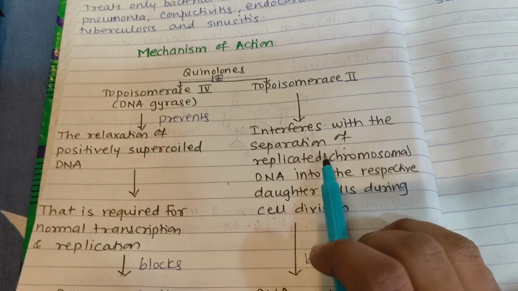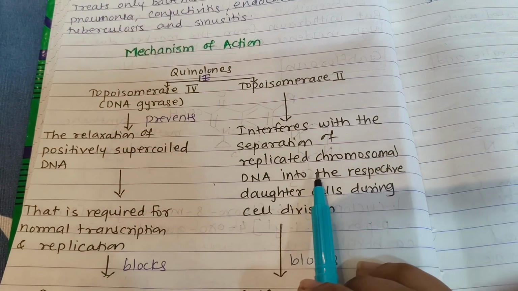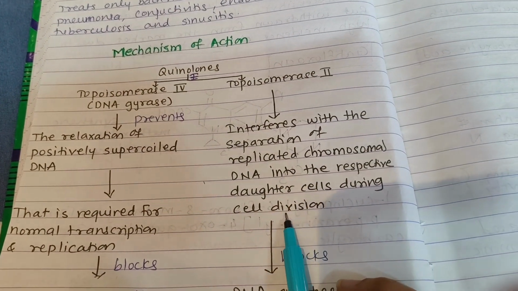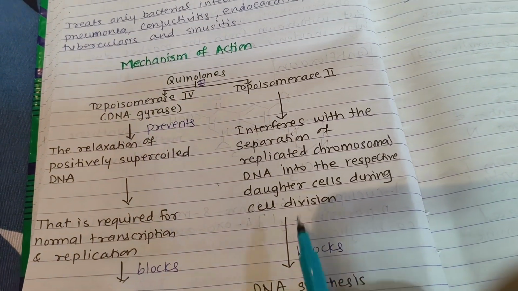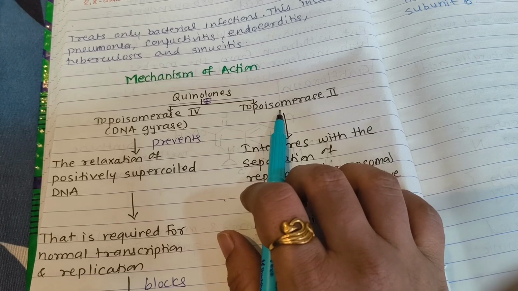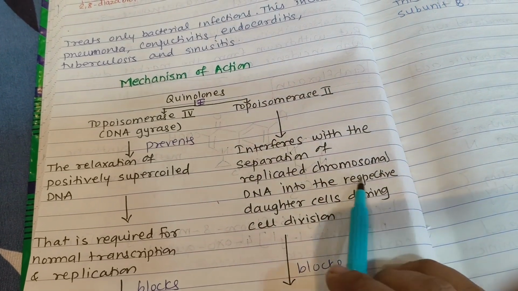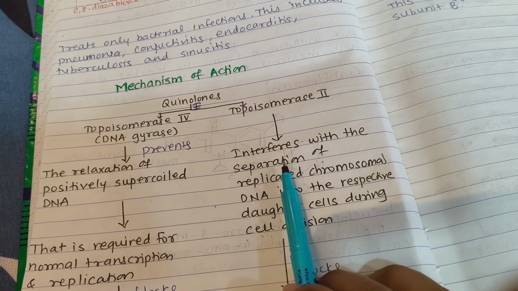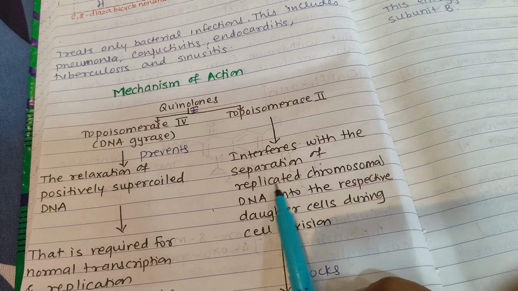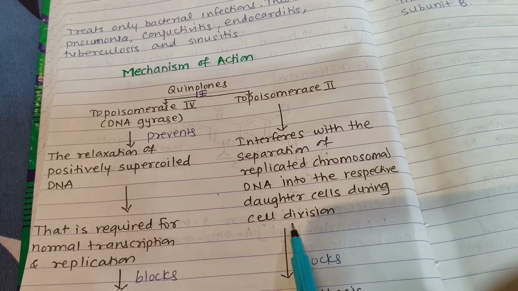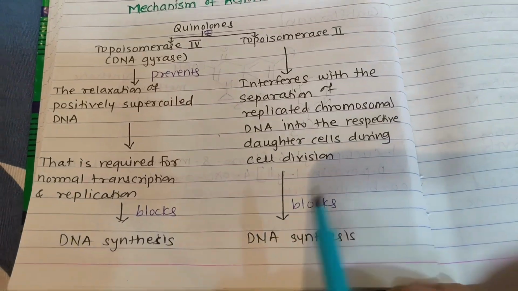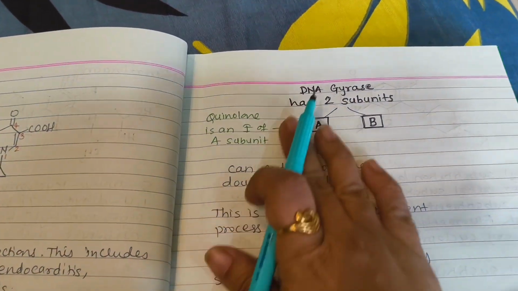This enzyme interferes with the separation of replicated chromosomal DNA into respective daughter cells during the division, and therefore DNA synthesis happens. But quinolones inhibit this particular enzyme, therefore this separation, this replication of chromosomal into the daughter cells doesn't happen, and this is how it blocks the DNA synthesis.